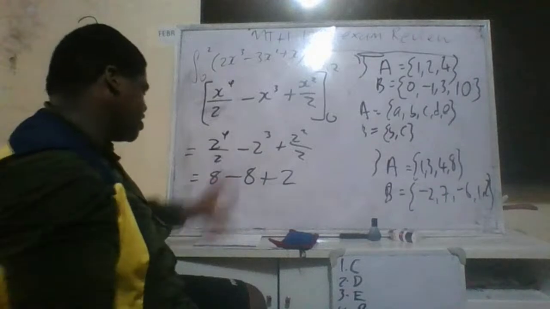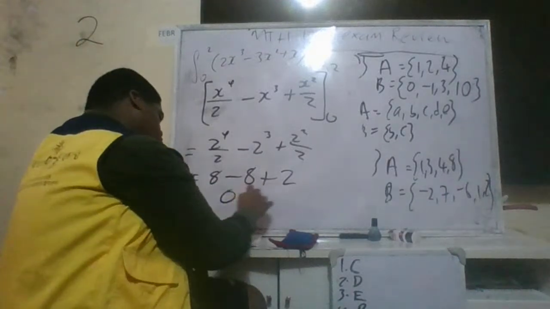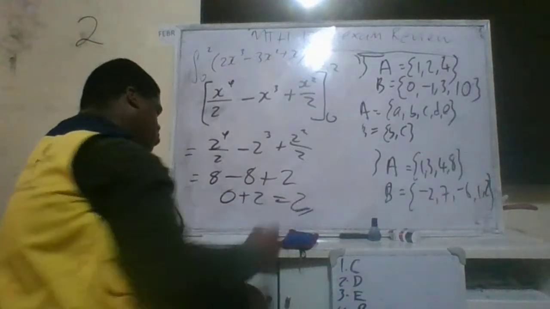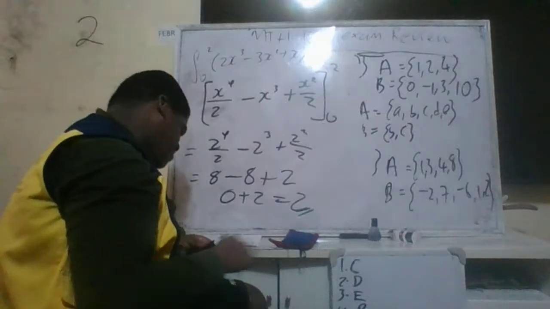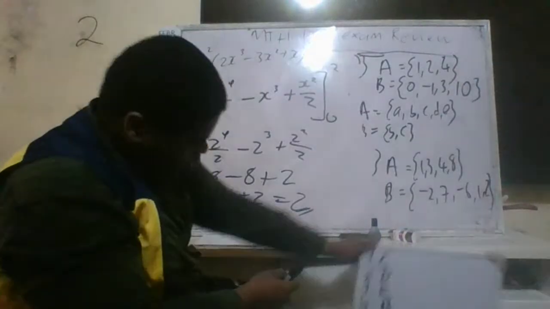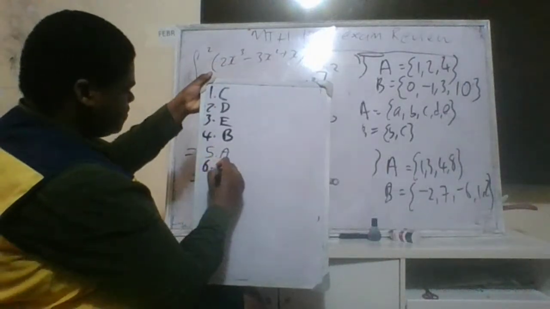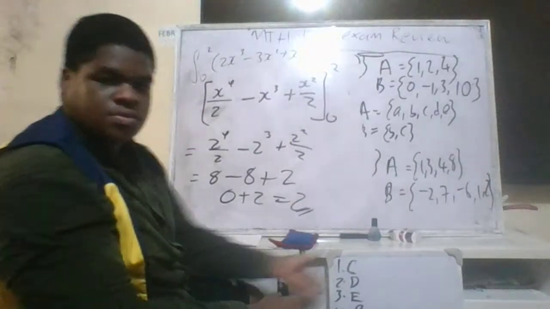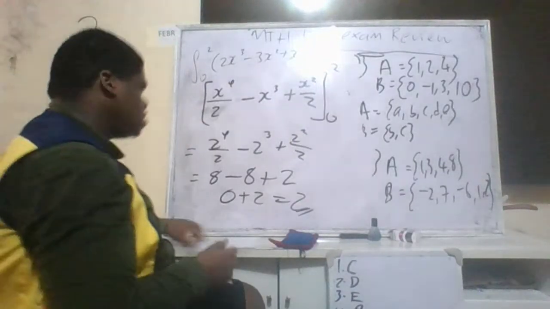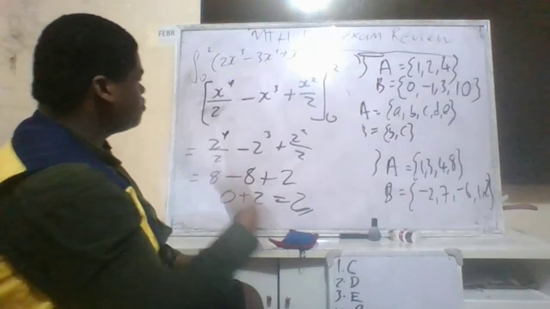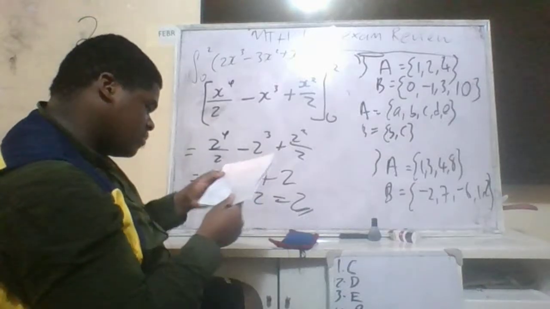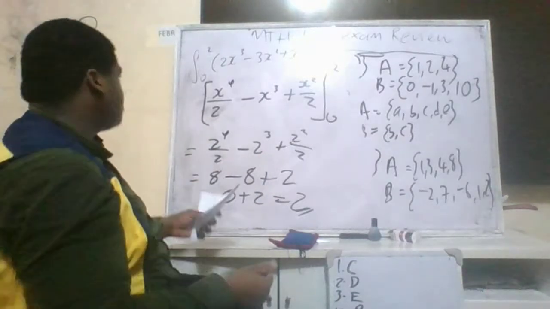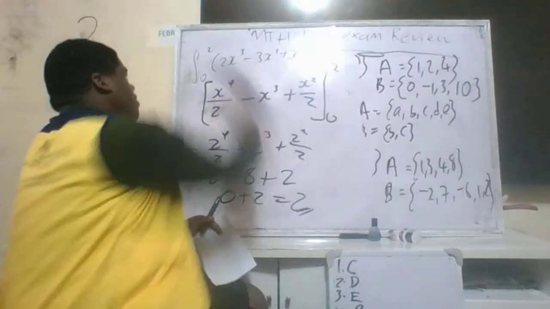So this is 8 minus 8, that is 0, plus 2. So your answer is equal to 2, and this is equivalent to option B. Question 6, we have B. I believe that is quite understandable.